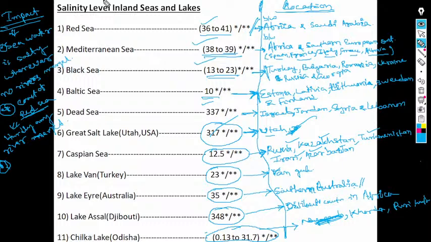This is the hottest part of the ocean, this area. So where hardly any river drains to the sea, that is why your Red Sea part is more saline. No river mixes there.